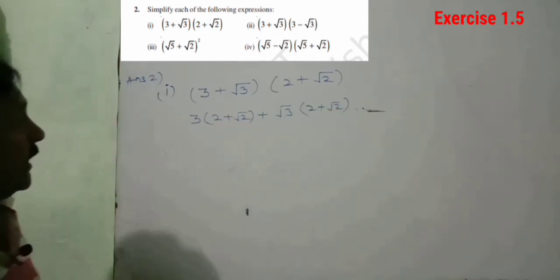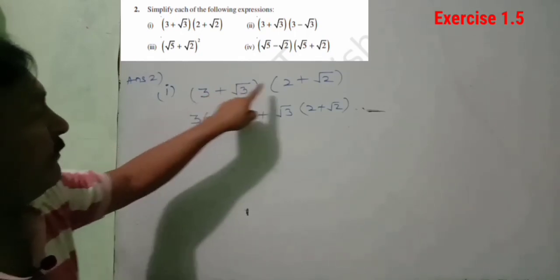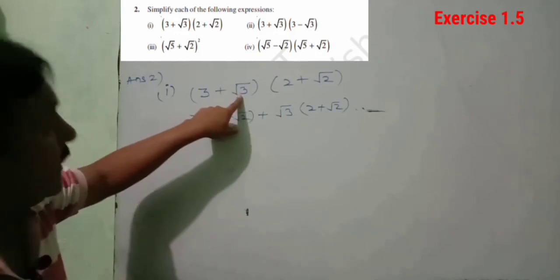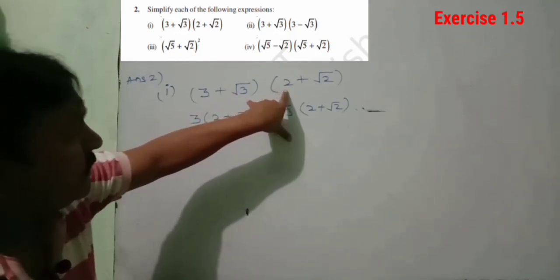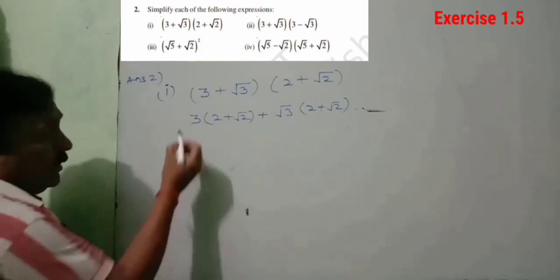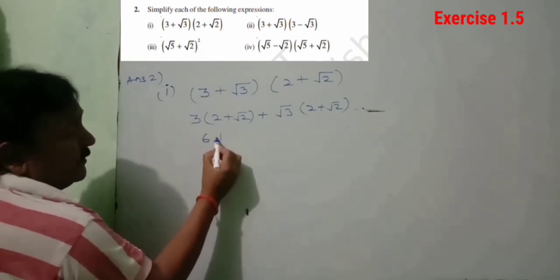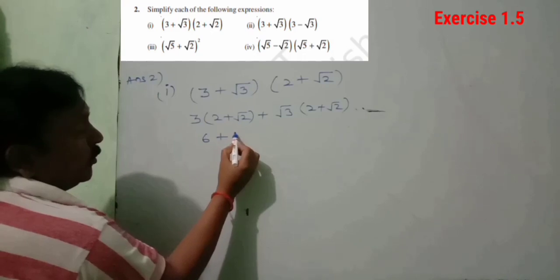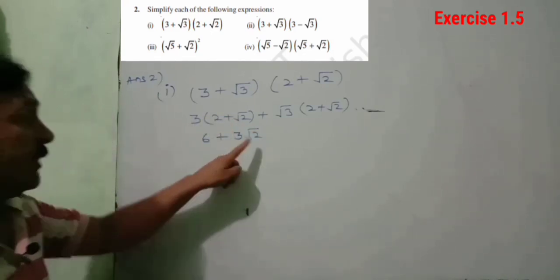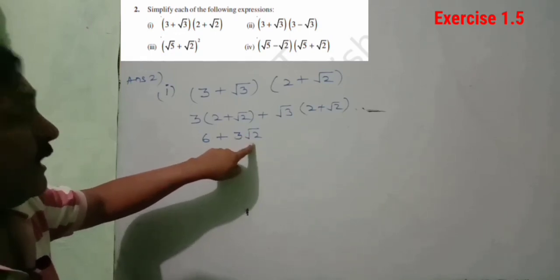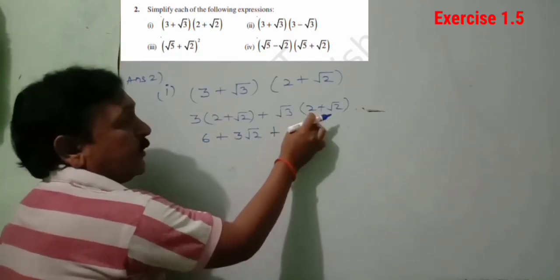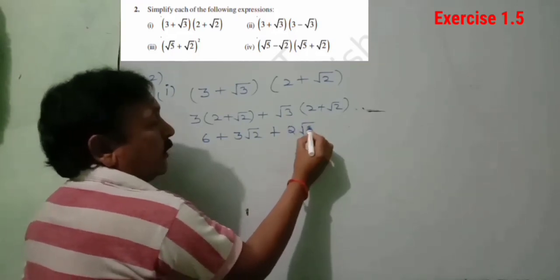Okay, in this way 3 will get multiplied with 2 and root 2, and this root 3 will also get multiplied with 2 and root 2. 3 2s are 6, plus 3 root 2, as I had told you, in this way a rational and an irrational number get multiplied. Plus root 3 into 2 again, 2 root 3.